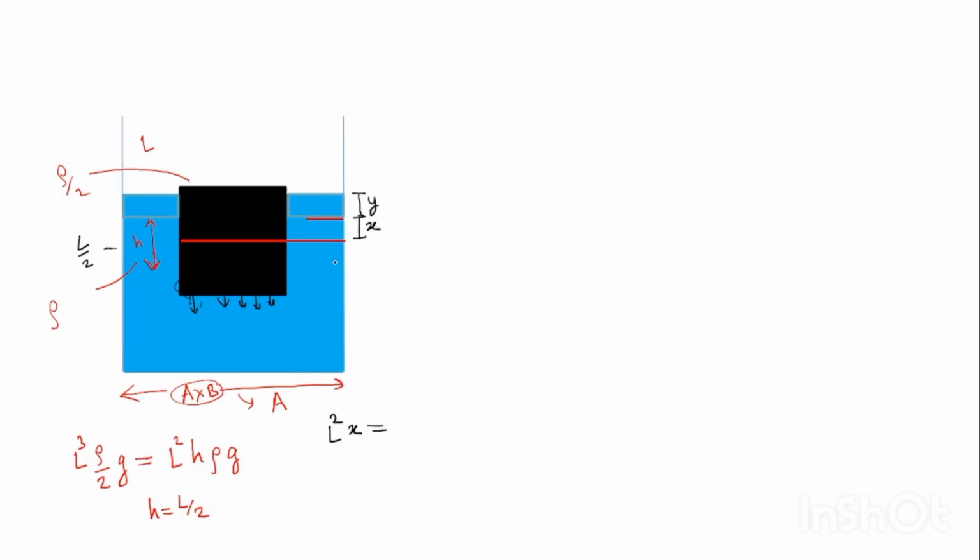What is the volume of water raised? Area of cross section times y. But the area of cross section must not include the cross section of the block. So only this area and this area should be taken. A is the base area of the vessel, so it is A minus L square times y.